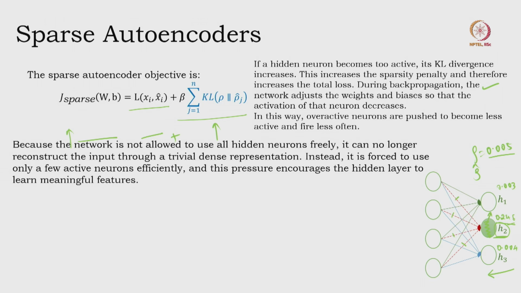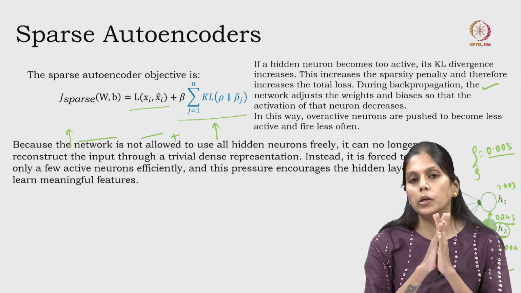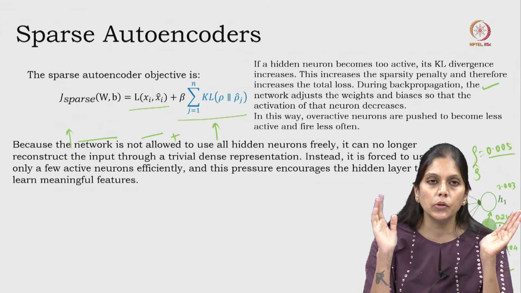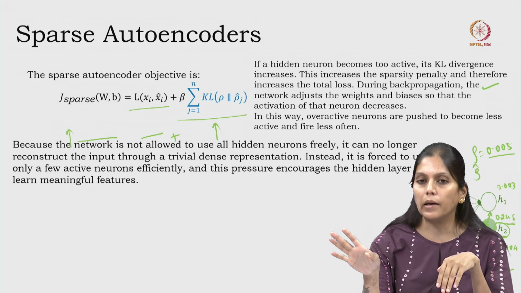So this is the sparse autoencoder. Overall, you are imposing a certain restriction on the hidden neurons. How are you imposing the restriction? Your requirement is that, on an average, the neuron should be active rarely.